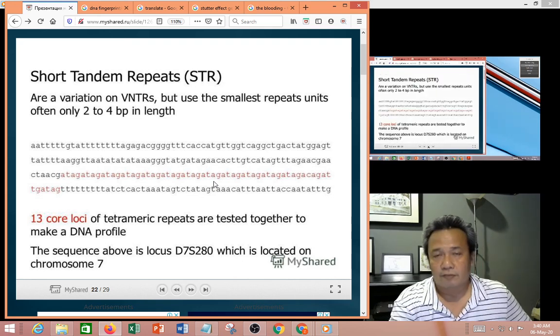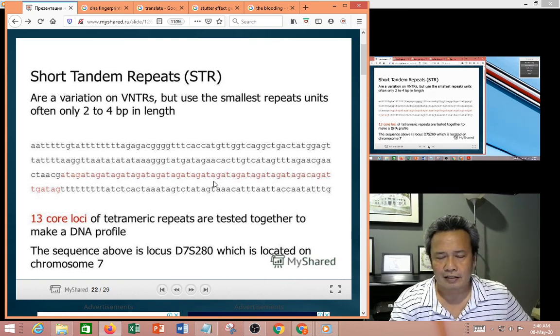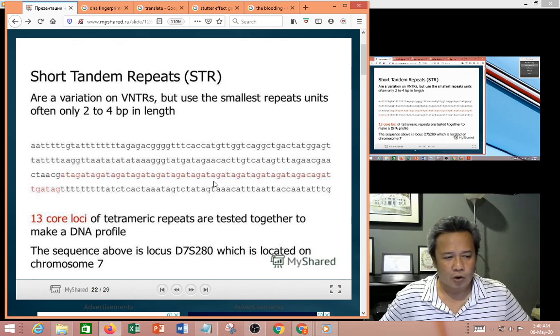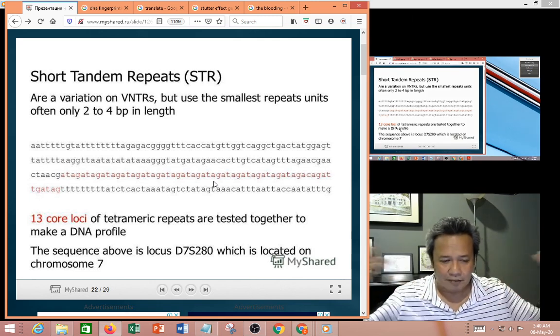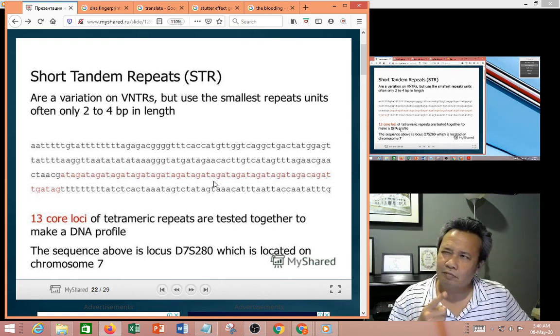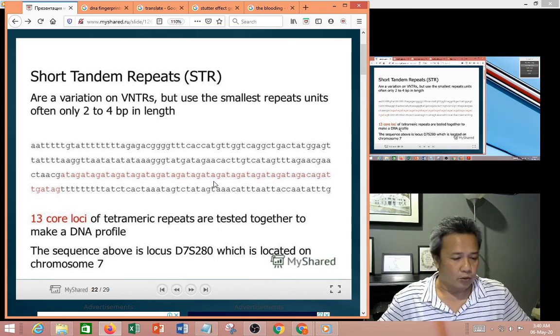The standard for paternity tests, and for criminal cases where you want to do identification, is a minimum of 13 core loci of tetrameric repeats tested together to make a DNA profile. So you're looking at 13 different places. In fact, nowadays for certain laboratories and applications, you're looking at 21 different loci. So there are different systems depending on what you need it for.